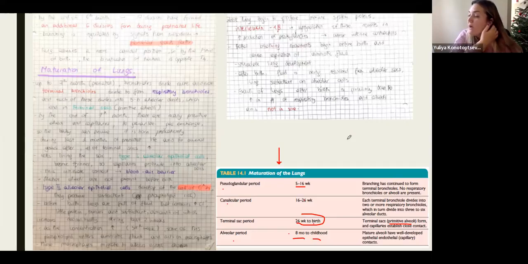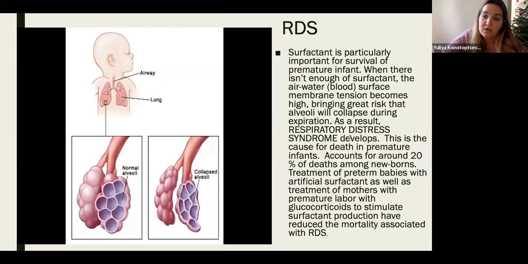This is why the majority of premature babies, the ones that are born before their time, right, suffer from RDS, respiratory distress syndrome. Respiratory distress syndrome is, as I said, one of the most fatal things for premature babies, because premature babies can't breathe outside.